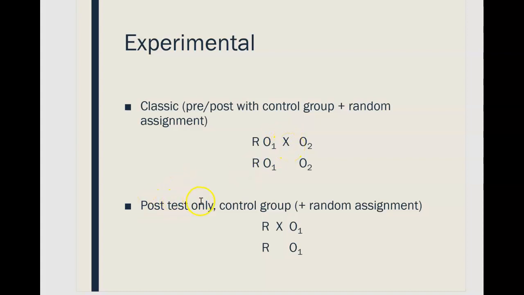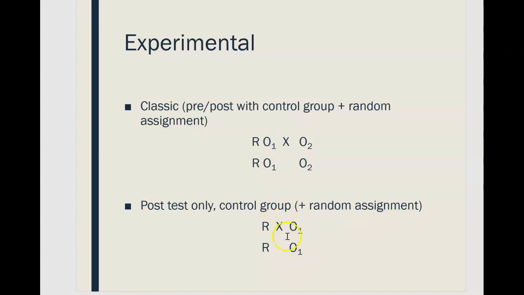We have a post-test only control group with random assignment. For some reason, we weren't able to get observation 1, but we do have random assignment. So this is still an experimental design. We're doing the intervention right away.